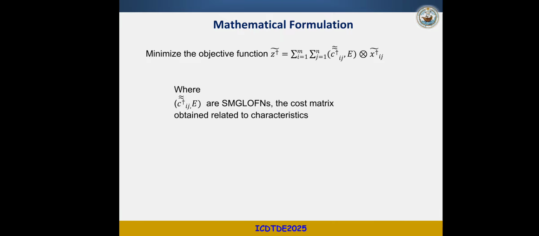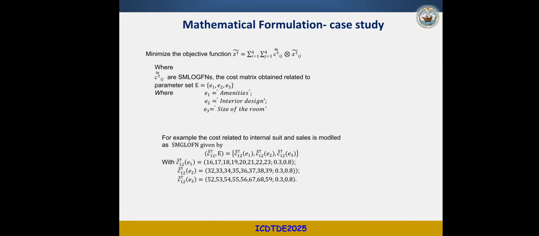So let us apply this to the data that we have collected: 4 rooms associated with 4 departments. We want to make an appropriate room allocation to these departments. But what are the characteristics influencing the rooms? We saw earlier the amenities, interior design, and size of the room.